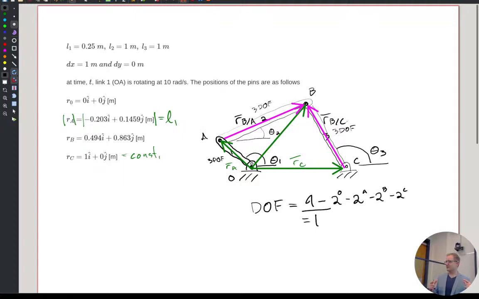We know RC is constant, just a constant value. What about RBA and RBC? Do we know anything about those vectors?